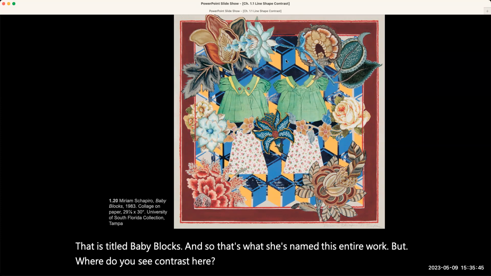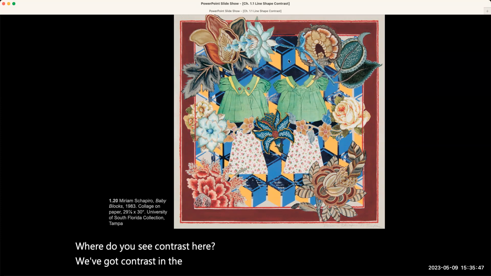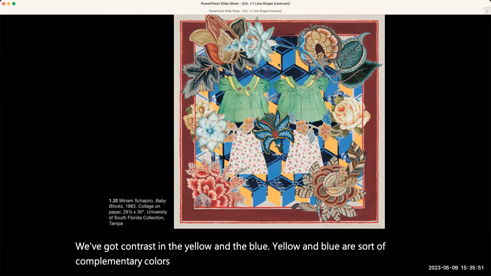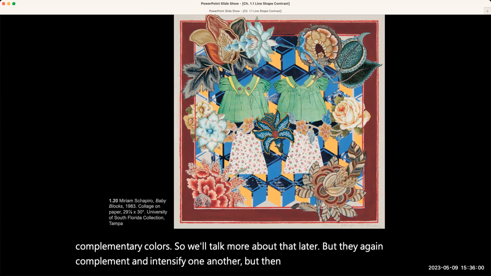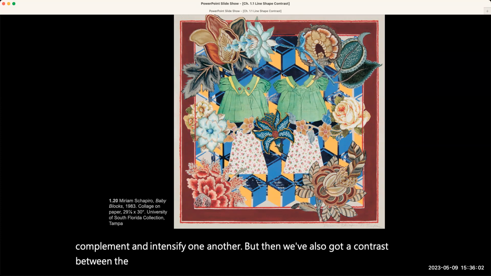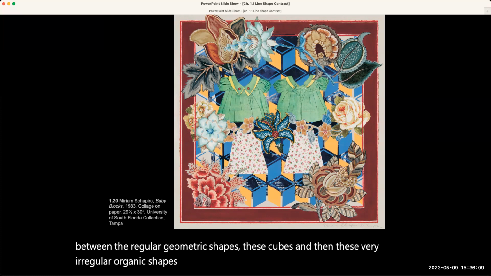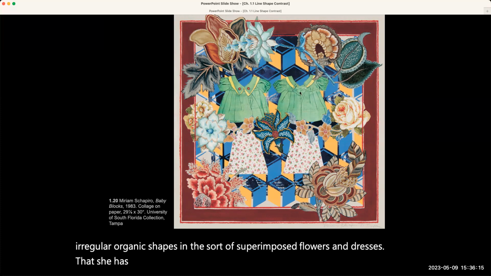Well, we've got contrast in the yellow and the blue. Yellow and blue are complementary colors, so we'll talk more about that later, but they complement and intensify one another. But then we've also got a contrast between the regular geometric shapes, these cubes, and these very irregular organic shapes in the superimposed flowers and dresses that she has added on top.